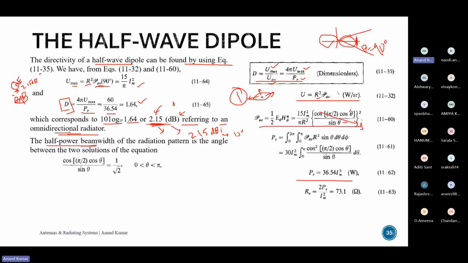Here the power should be half, so if this is 1, this has to be 1 by root 2, right? So equating to that, we take the pattern function and equate it to 1 over root 2. Then we can solve this either numerically or graphically, and we get a beam width of 78 degrees. So this half power beam width is 78 degrees.